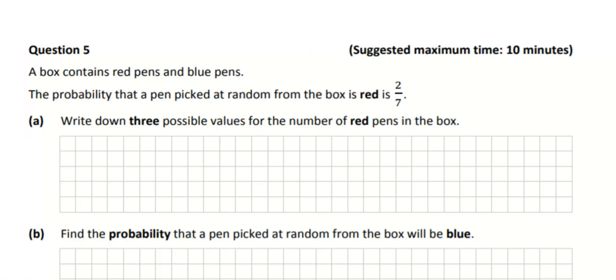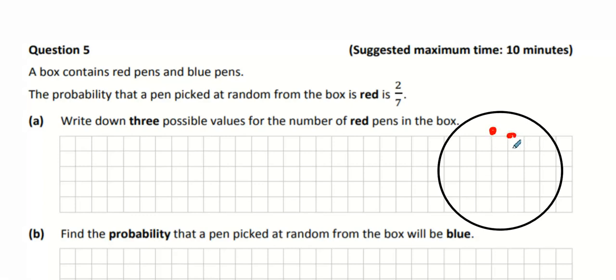Alright, so if you imagine this, imagine a circle, okay, and you have 2 out of 7. So 2 and then 1, 2, 3, 4, 5, right? But if I just double them, I could also have 4 and 10, and it's the same ratio.